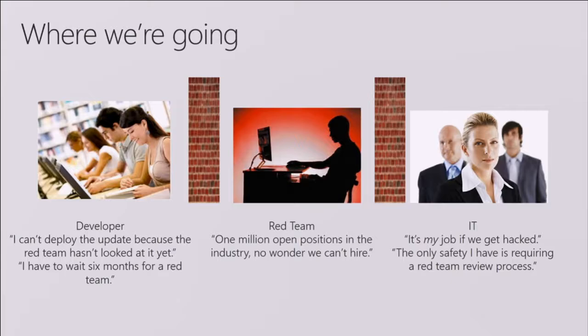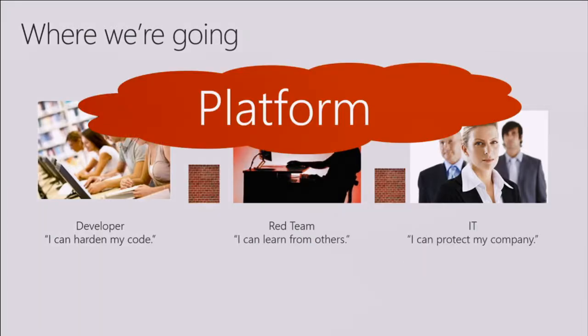Our goal is to build a platform that breaks down those walls. Our goal is that this is the beginning of something where a developer can harden his or her code, the red team can learn from that and sort of feed data back into the platform, and IT can use the entire security platform we're building at Microsoft to protect everyone in your organization.